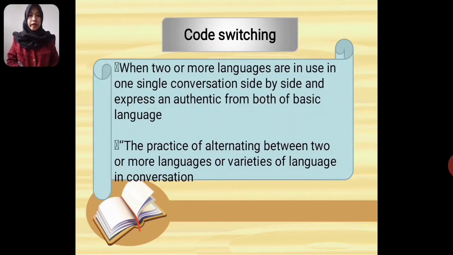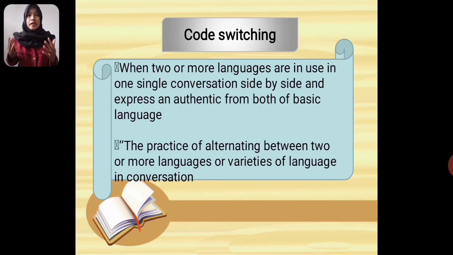Code switching: when two or more languages are in use in one single conversation side by side and express an authentic identity from both of the basic languages. The practice of alternating between two or more languages or varieties of language in conversation.